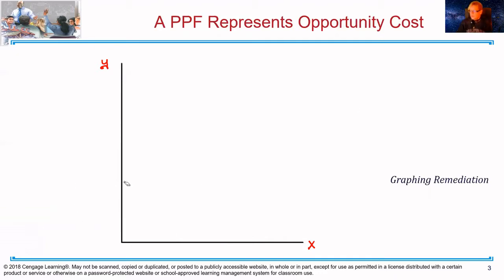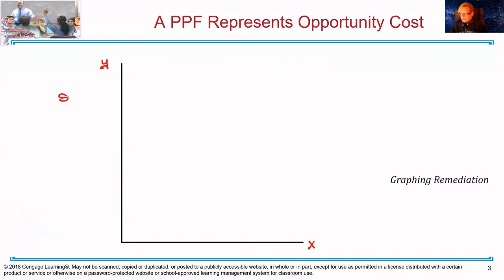Okay, so what we do when we look at a production possibilities frontier and represent the opportunity cost, we're going to say that if we have 2 products, we're going to put one product on the x-axis and the other product on the y-axis. So let me do that. Let's imagine that we have the 2 things you could be doing other than viewing this course right now.